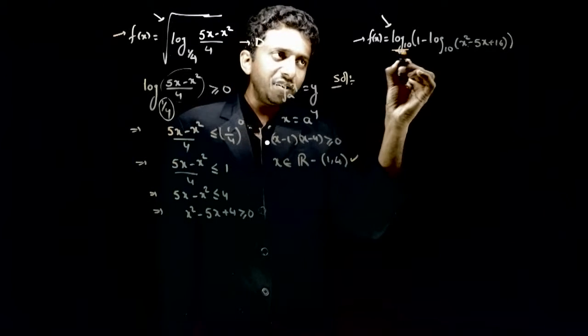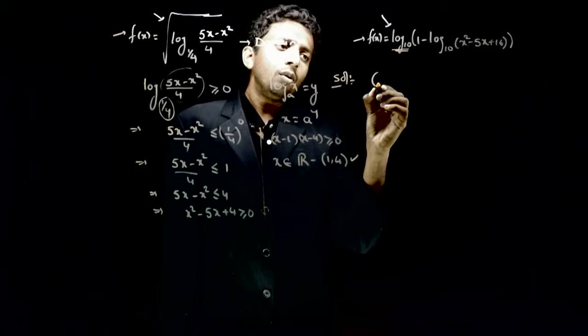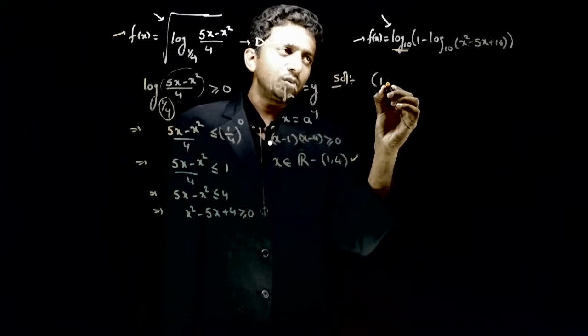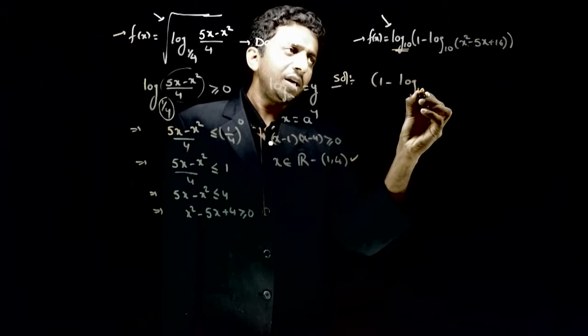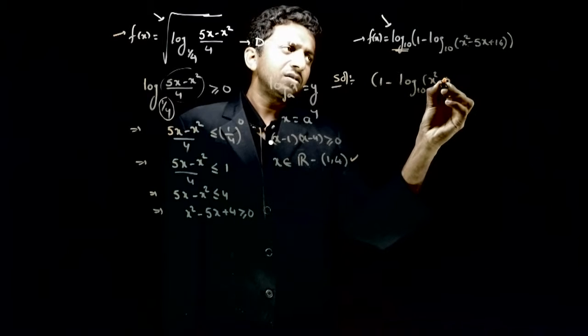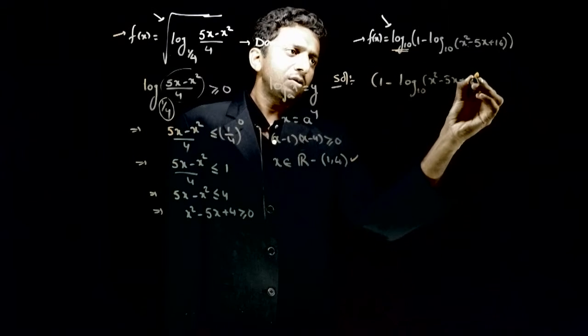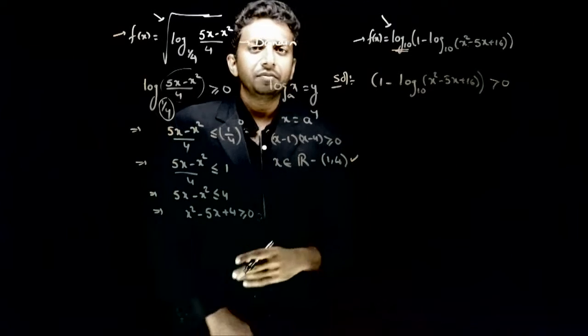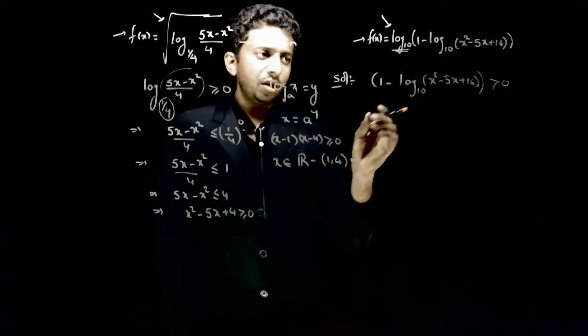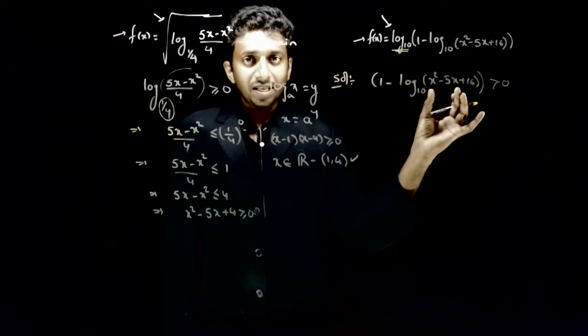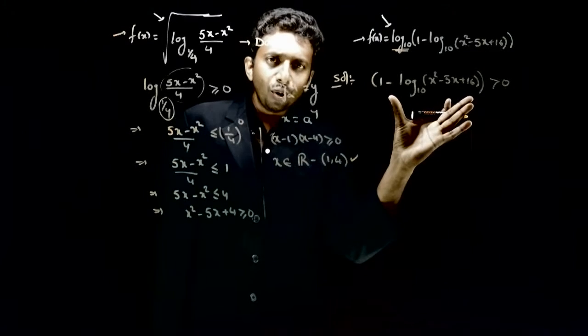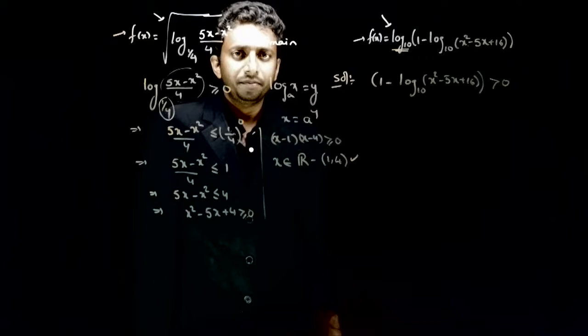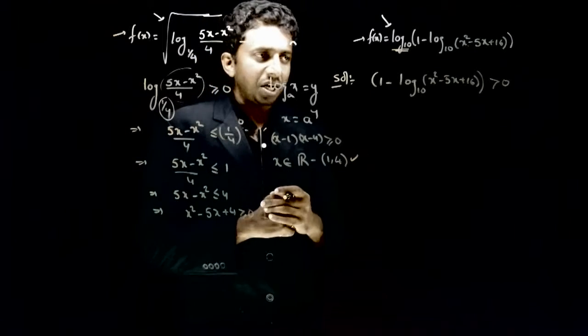So if this has to be defined, आपको पता है log के अंदर जो भी है that is 1 minus log to the base 10 of x square minus 5x plus 16 जो है. So log is defined only for positive numbers. So this has to be greater than 0. So 1 minus of log of this has to be greater than 0 because this whole thing is going inside this log.